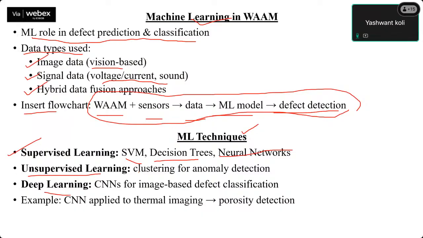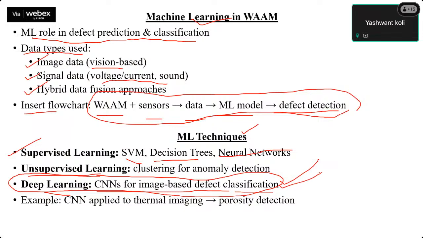Deep learning, CNNs for image-based defect classification. There are many papers that are based on this deep learning. So if you search for WAM, many of the researchers are working in this field, deep learning.